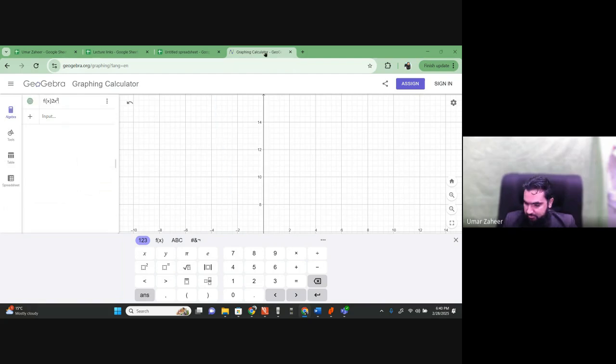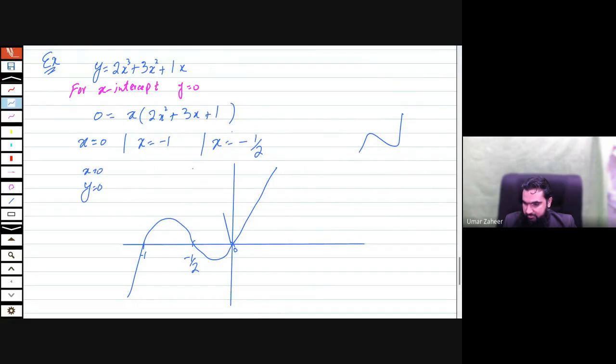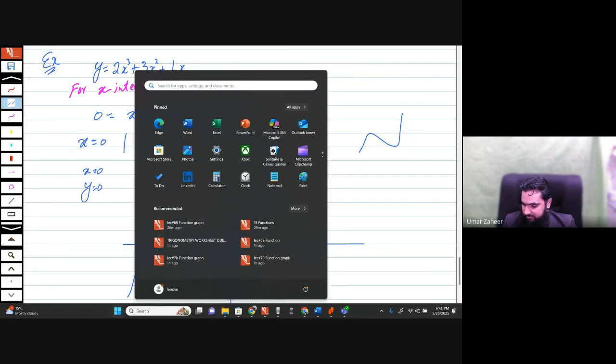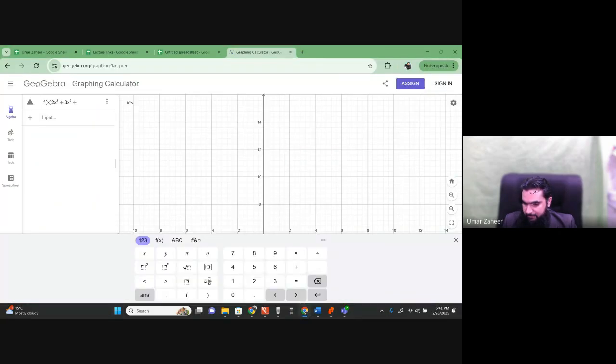Two x cube plus 3x squared plus x. This is the equation.